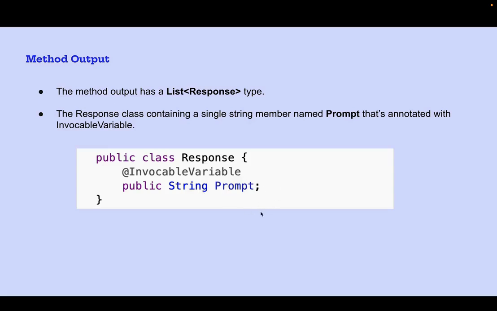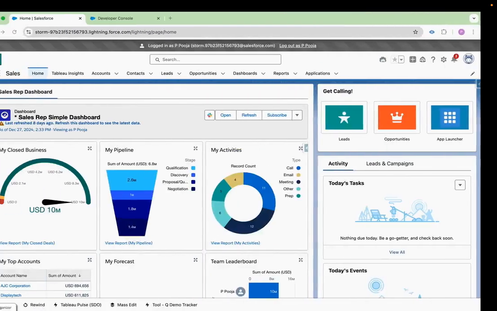So this prompt variable will actually store our response text that will be passed as an output from our Apex class to our prompt template. Now that we know all the prerequisites of our Apex class, let's see everything in action.